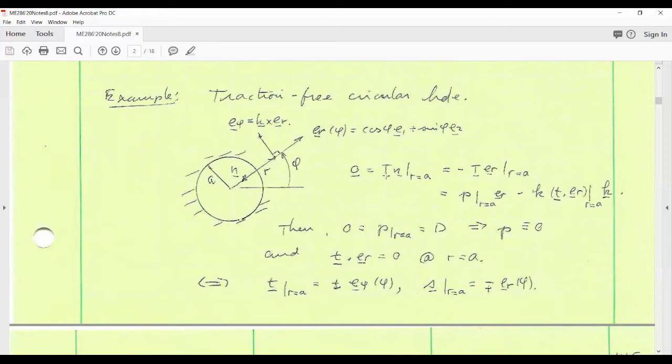And the traction-free condition is this. Cauchy stress on n is 0, say at r equal a. And n at that boundary is minus ER. Put in the expression for T, you get P times ER, because T is minus P identity.